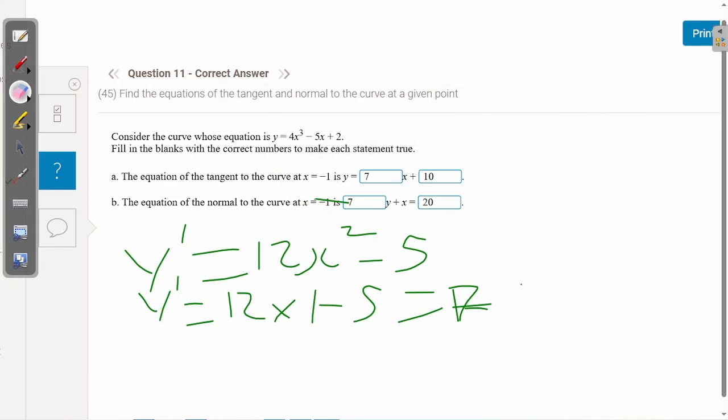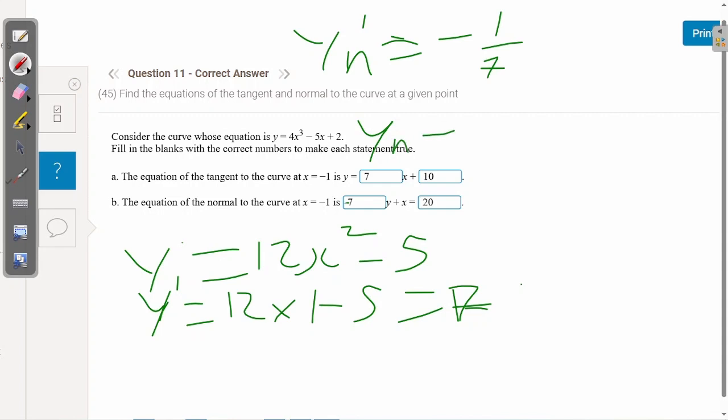Now for the normal, you do the reciprocal and negative, so it's going to be negative 1 over 7. So we do y minus the same point, which is 3, equals negative 1 over 7 times x plus 1.